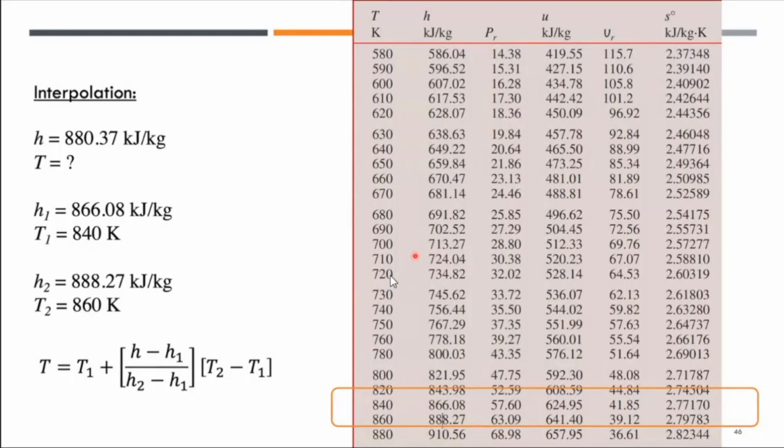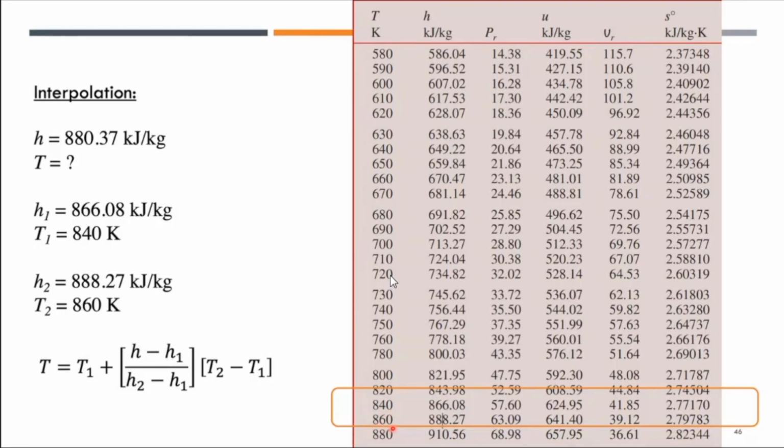Okay, so this is just a snapshot of how you get the value from table A17, right? So you have H. You already have H1, 866.08, at the temperature of 840 over here.